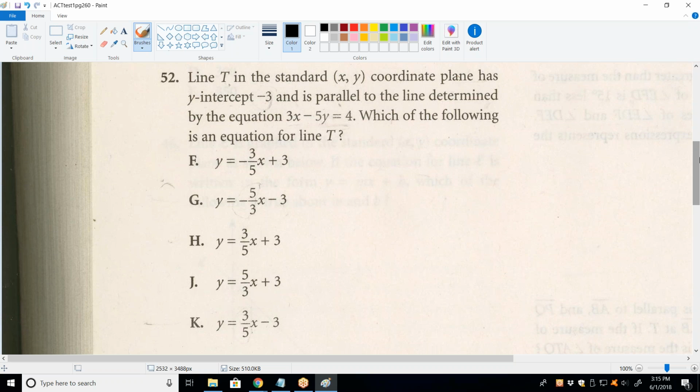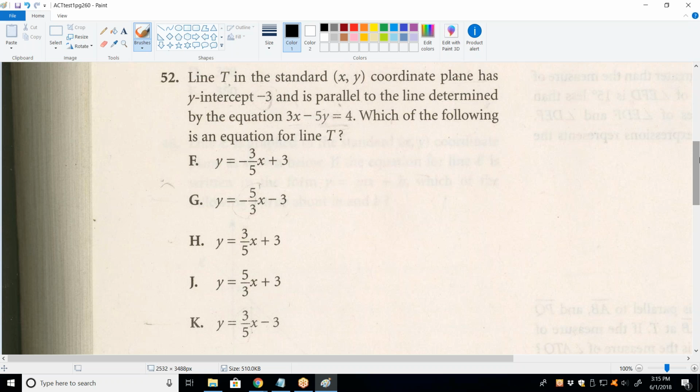Again, easy, medium, or hard? First of all, let's ask a couple questions.